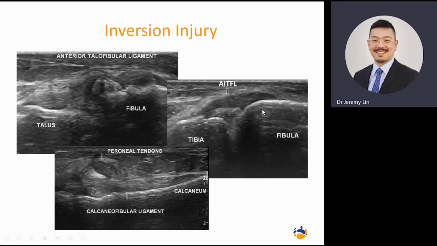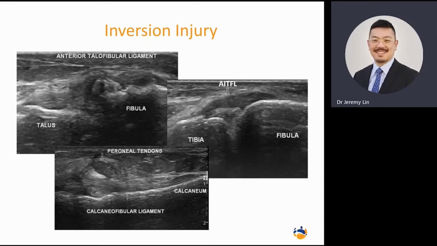The AITFL here, that's thick, that's edematous, and you have lost its normal striations or fibrillar pattern. So this is a sprain. However, it's still intact. So this would be one of those cases where we would go, let's go and get a weight-bearing study just to see how much widening we've got at the syndesmosis.